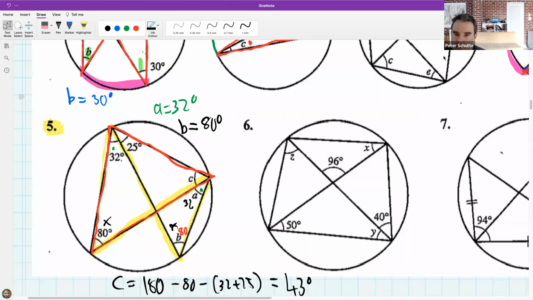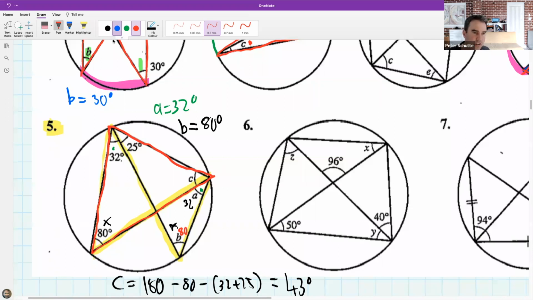Hi, sir. How's it going? I'm good, thanks. Sir, I wanted to ask, I'm not quite understanding how we got C. Okay. Yes. Are you happy with A and B? Yes, I am. Okay. The main thing to understanding how to find C is the red triangle. If you look at the red triangle, can you see that? Yes, sir, I can. Okay, so now all triangles in the world add up to 180.